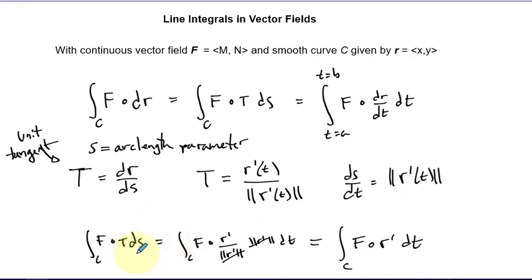So replacing the differential in s with the magnitude of r prime times the differential in t, I realize, okay, these guys are equal and can cancel, and so I have another expression for the line integral now with respect to any arbitrary parameter. It doesn't have to be the arc length parameter, and so I'm integrating with respect to the parameter in which the position vector r is given.